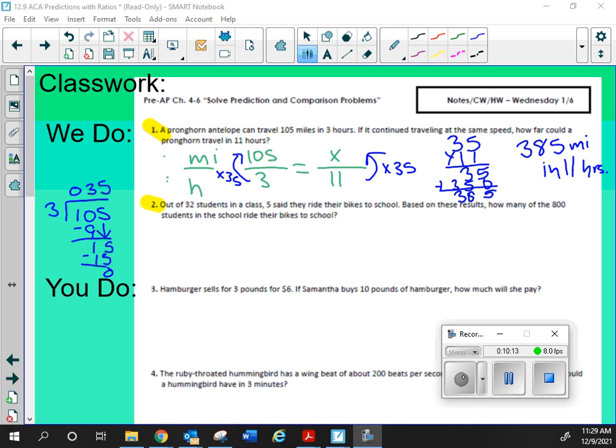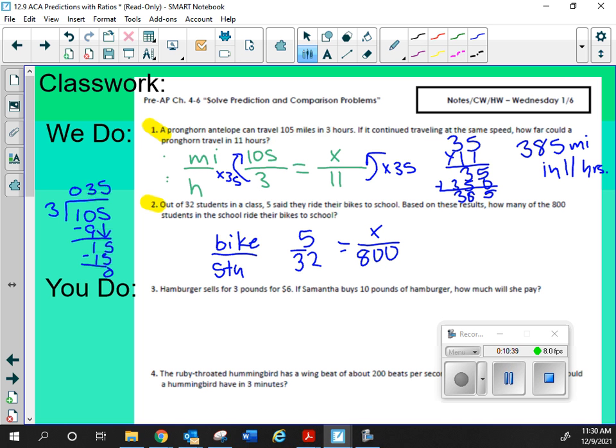Bikes, because the students is the total number, that whole number. So I'm going to put bikes over students. 5 over 32, and it's saying based on these results, how many of the 800 students in the school ride their bikes to school? So that 800 students are where? The bottom, so that is my total.